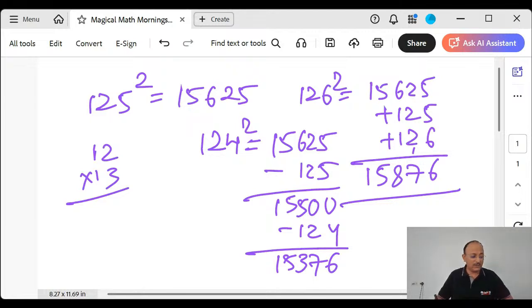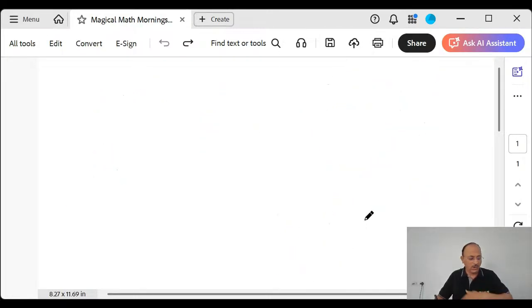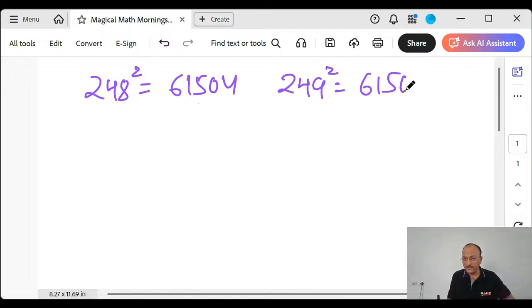This trick is very useful if you know the squares of numbers. Suppose I had given you the square of a number. Let's take one complicated number. I already know the square of 248, which I calculated earlier: 61504. If you know 248 square and you want to find out 249 square, what will you do? 248 square you take.